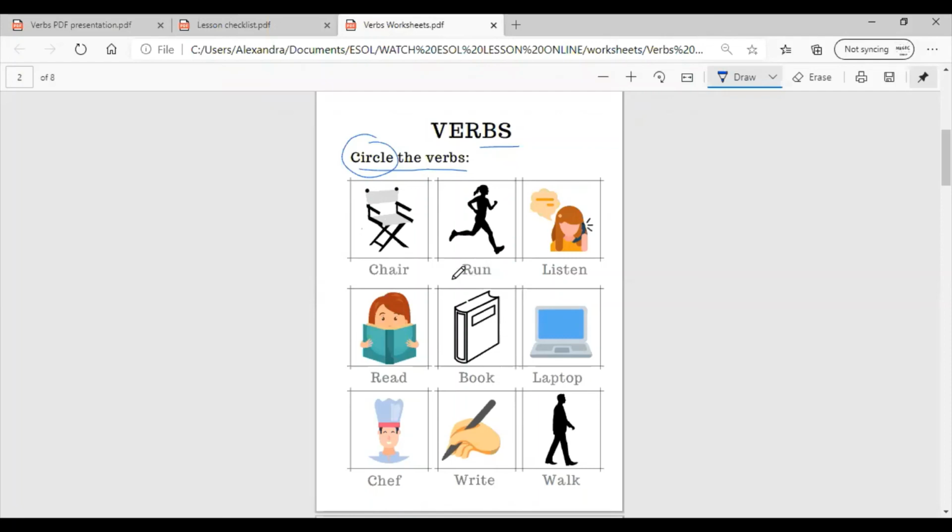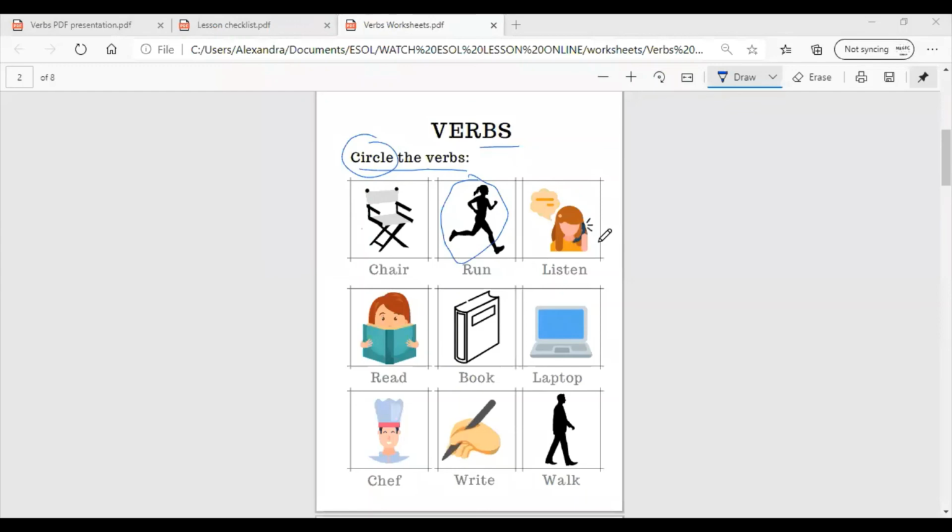What about run? Now, run is an action word. It tells us what this girl is doing. She's running, so we can circle run. Yeah, so you can see kind of how we do that. Yeah, okay, great. Thanks for putting those in the chat.